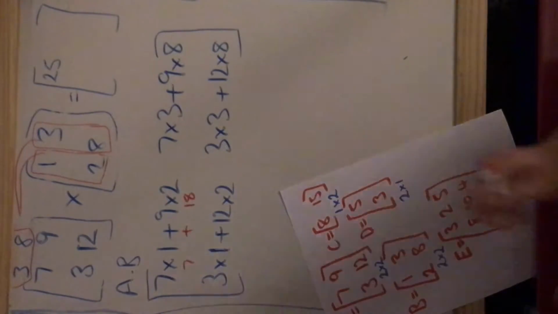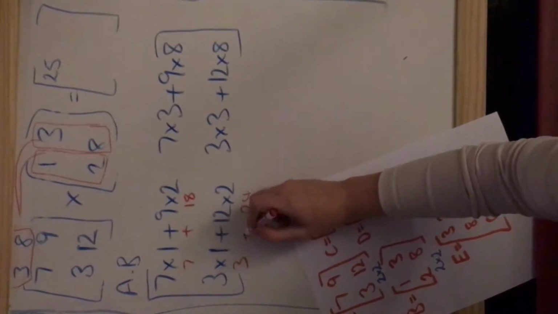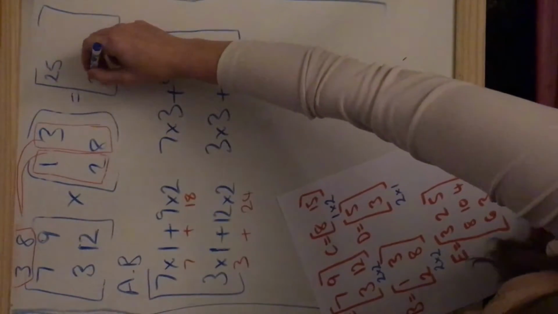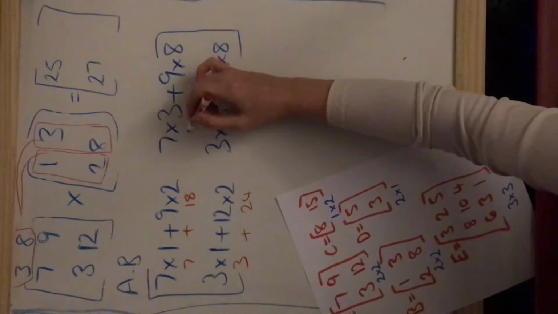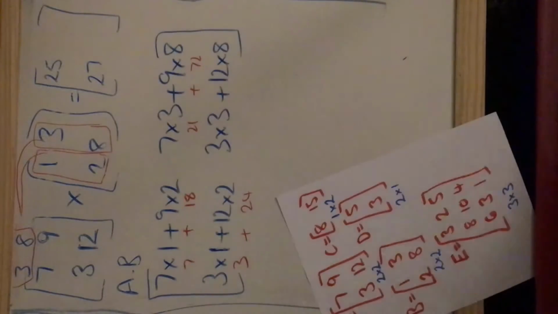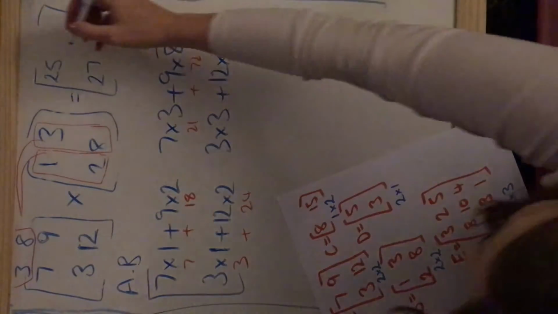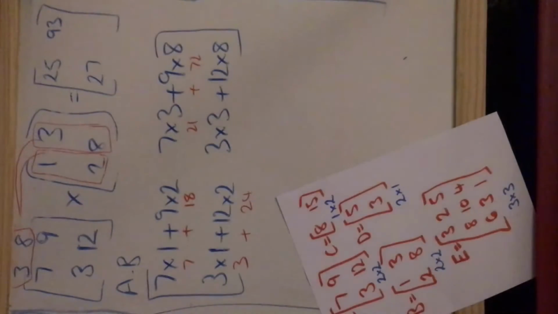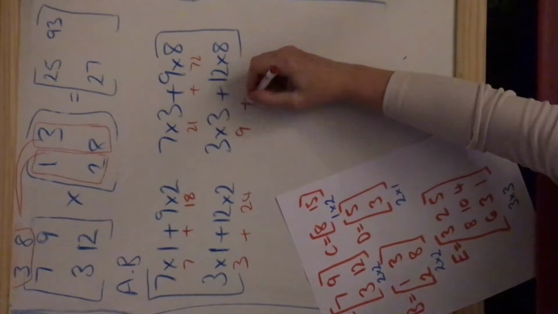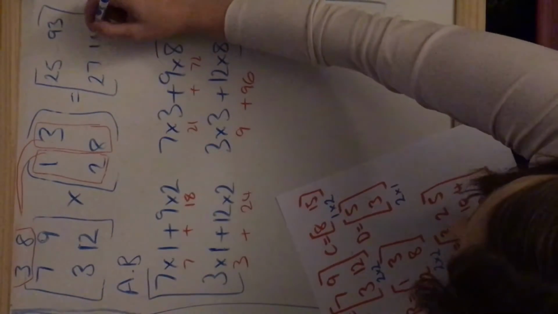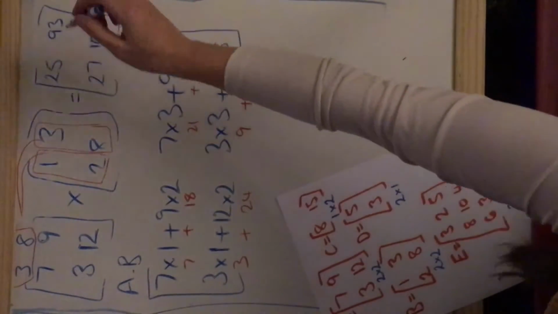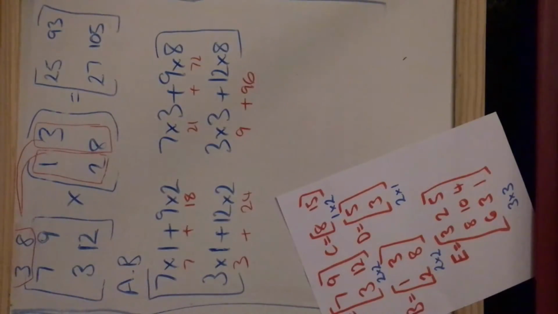And we just do the same again for all of these ones. So then this is our answer from this multiplication. And that is all there is to multiplication of matrices.